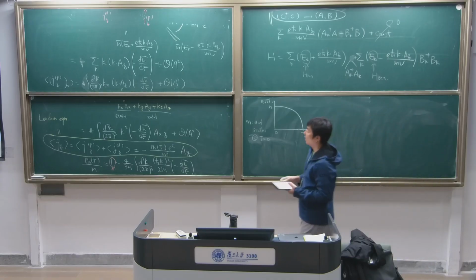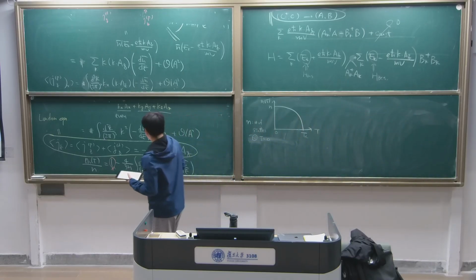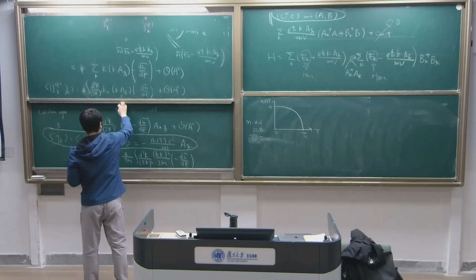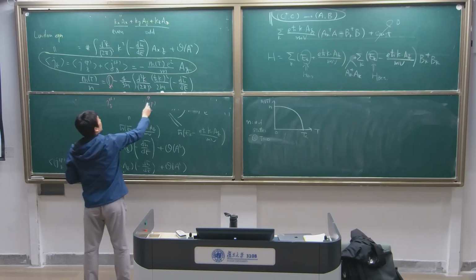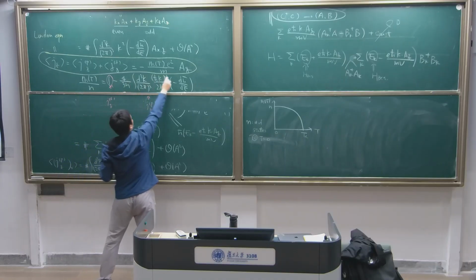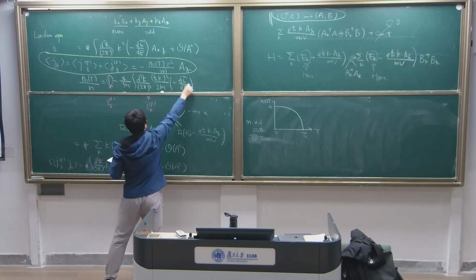So this means that here's the equation. At T equals 0, this is equal to this part. So the parallel magnetic current contribution is here.